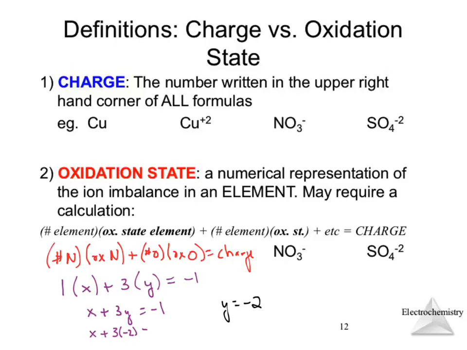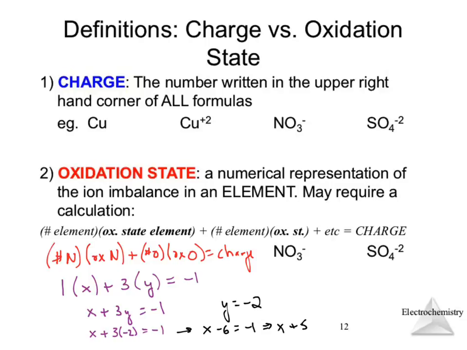It's not that you're necessarily wrong. It's a separate system. If we go through and solve, x minus 6 equals -1, what do we get? X equals +5. What did I say x was? Don't tell me +5. The oxidation number of nitrogen.